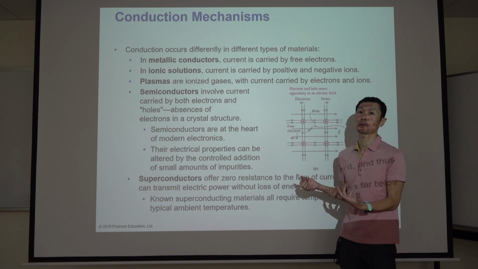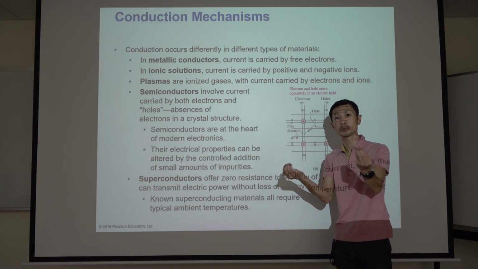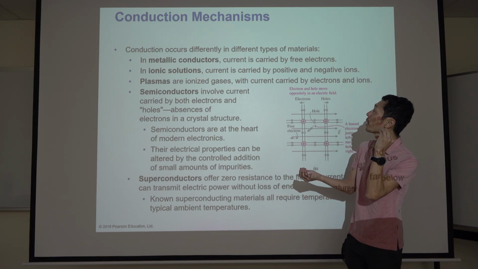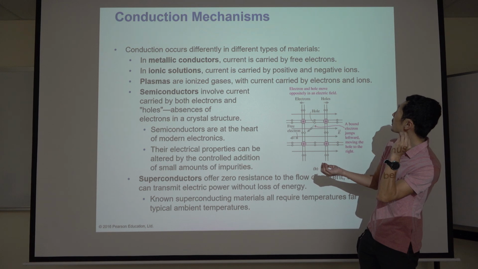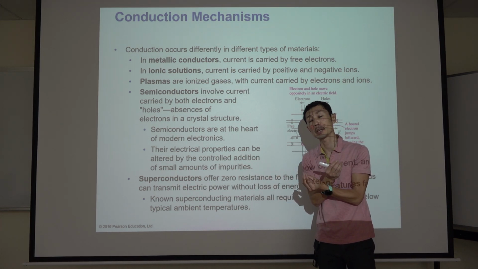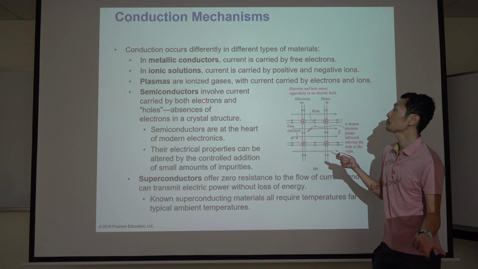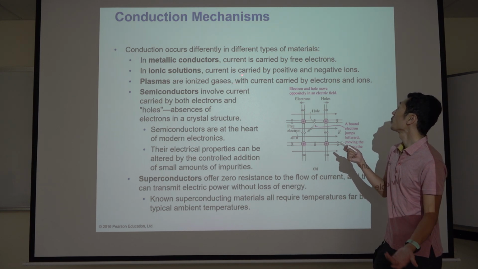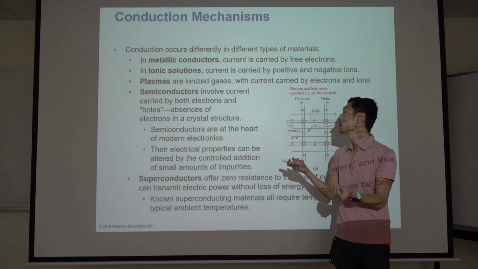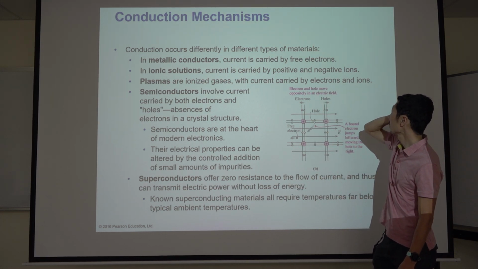In an ionic solution, there are positive and negative ions floating in the solution, so both can move around and both can carry the current. Plasma is also the same. Plasmas are ionized gases, so there are also positive and negative ions, and those can carry the current.